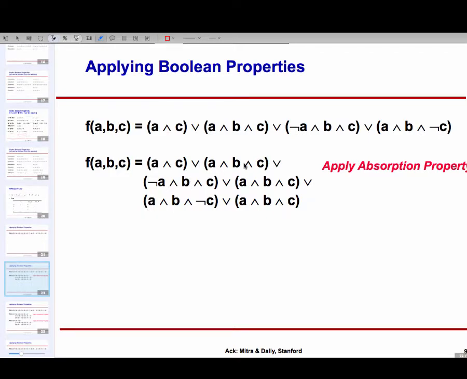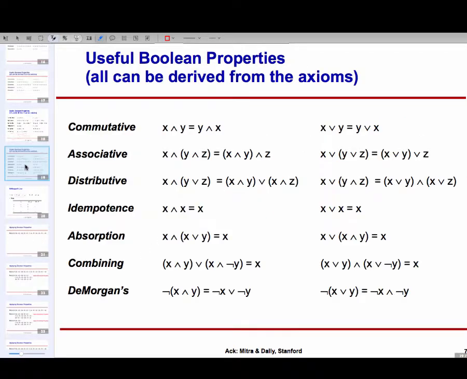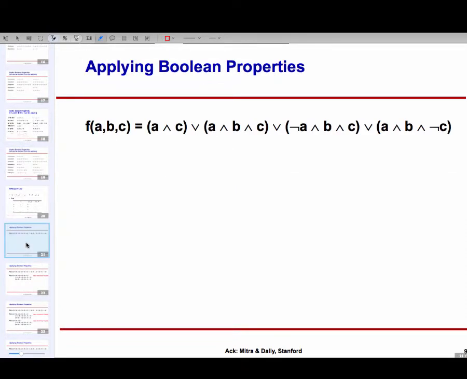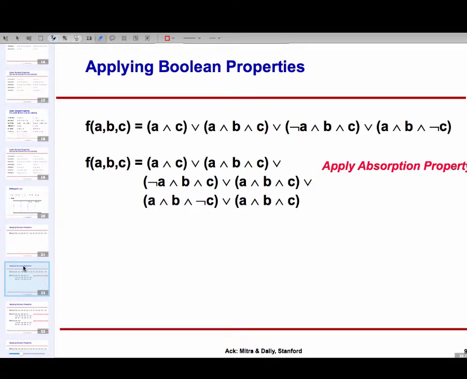But the main thing we are doing is we first apply the absorption property. So let's go back. Absorption said x and (x or y) is x, and x or (x and y) is x. So that's what absorption was. What we are doing here is looking at A and C, A and B and C, so those are the first 2 terms.